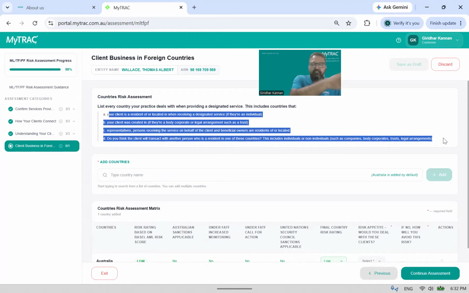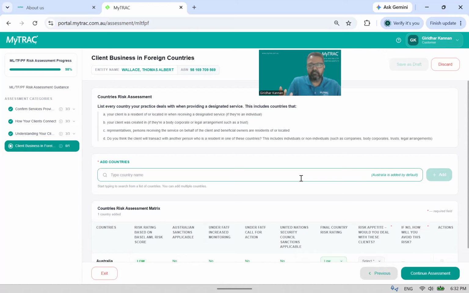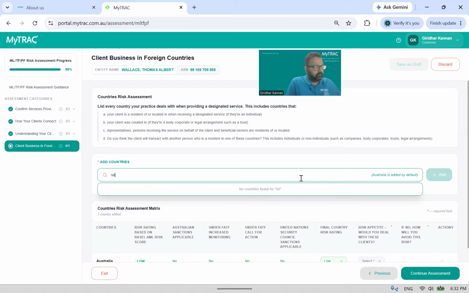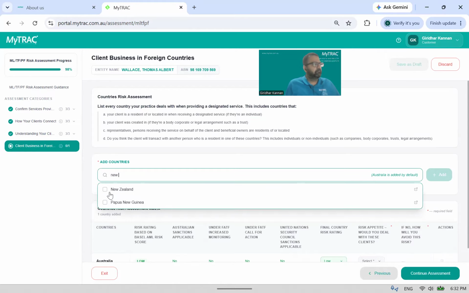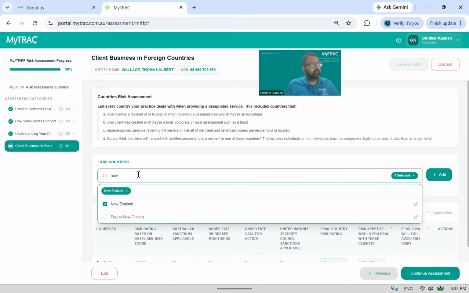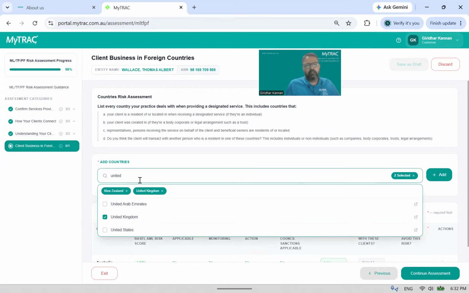I'm just going to give some examples based on the hundreds of conversations we've had with accountants, typical small or mid-sized accountants. So I'll give you some examples of countries which are quite common. So I'm going to add, let's say, New Zealand. And then I'm going to add, let's say, United Kingdom. I'm adding United States, all right?